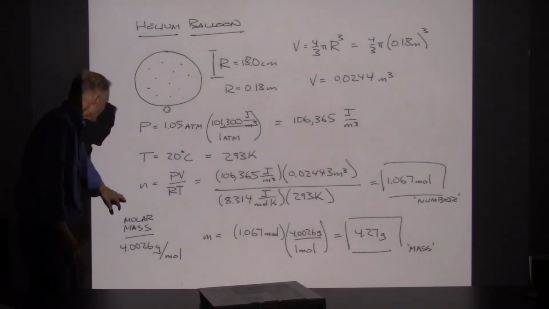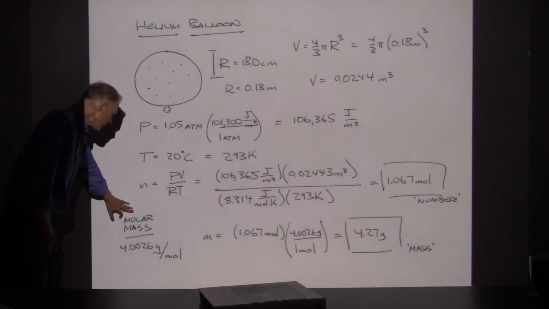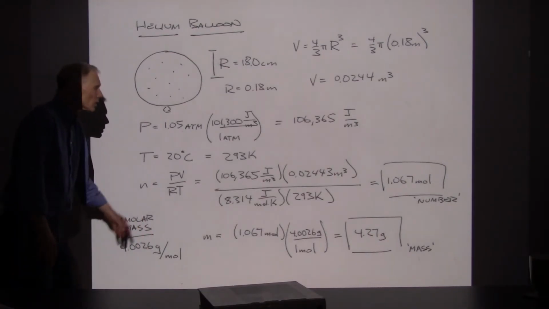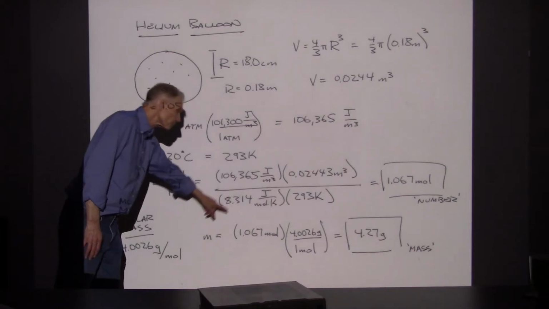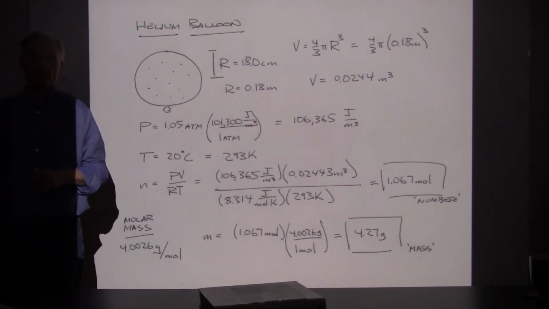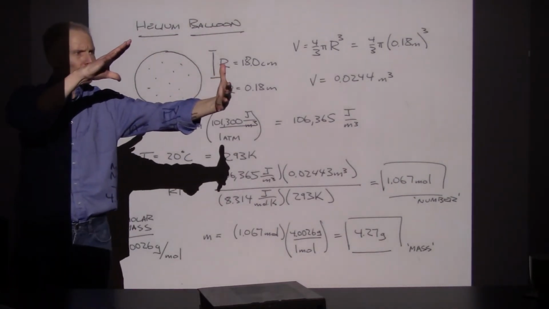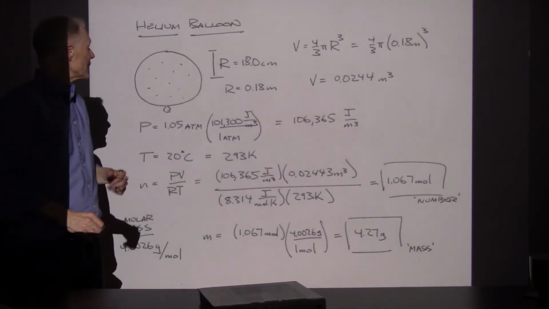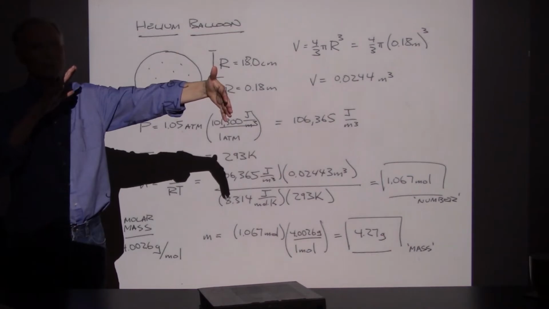The molar mass of helium, I looked that up on a periodic table. It said it was 4.0026 grams per mole. So the mass of this is 4.27 grams. I have a balloon that's this big. It's a little over 1 atmosphere pressure, and it's at a temperature of 20 Celsius.